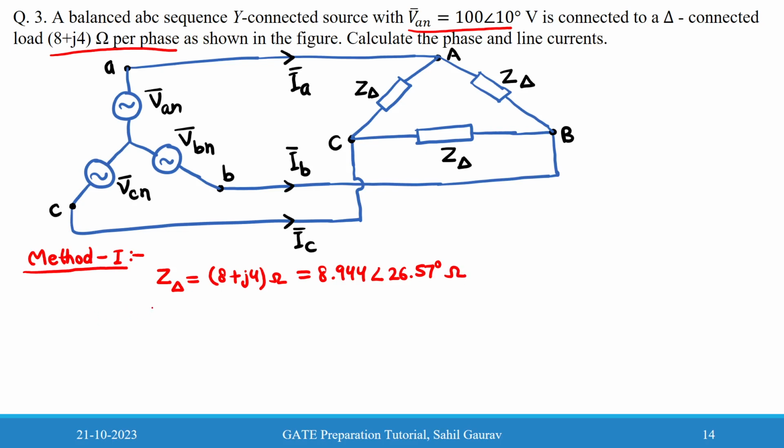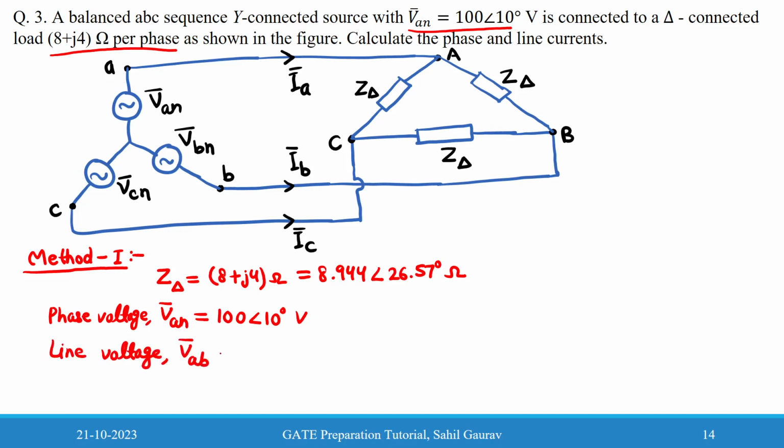And since phase voltage VAN is given as 100 at the angle of 10 degree volt, the line voltage will be, we know that line voltage is root 3 times the phase voltage and leading by 30 degree.